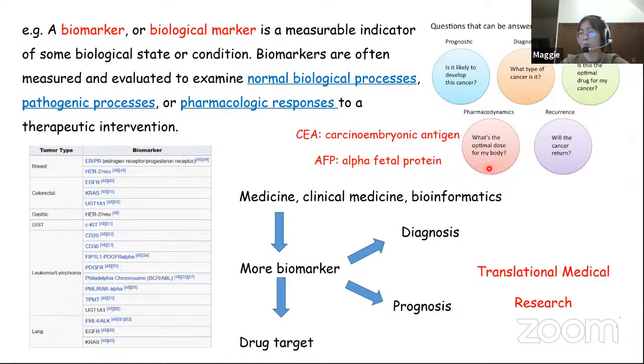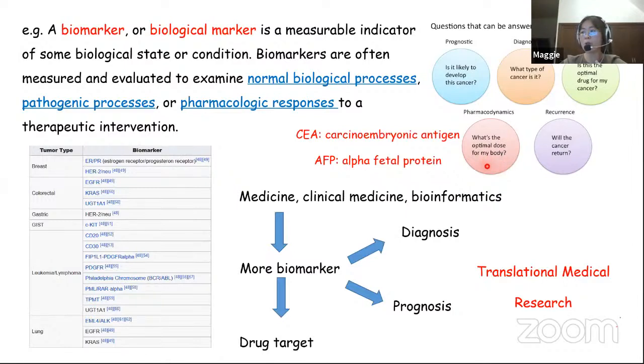And also, biomarkers can be used for pharmacodynamics analysis. It can answer the question, what's the optimal dose for my body? If they have a high level or low level of biomarkers, it can reflect whether this drug is established well in our body or not.